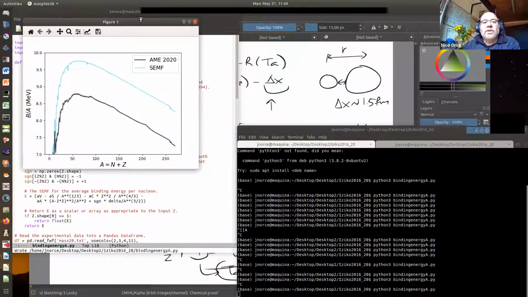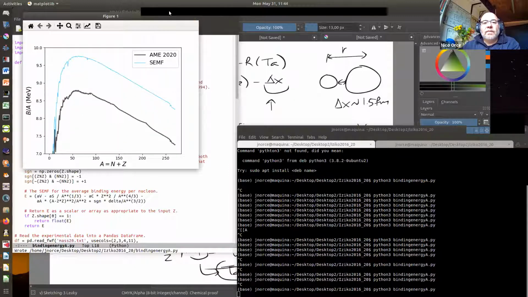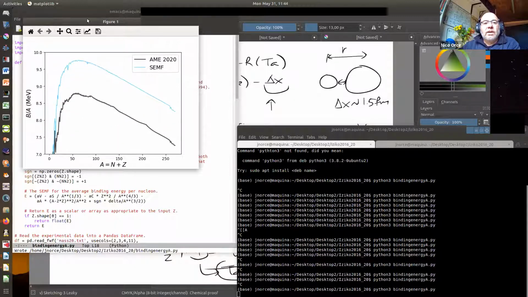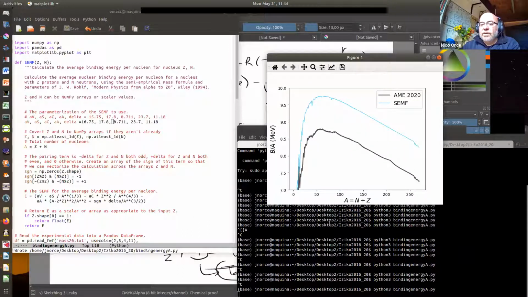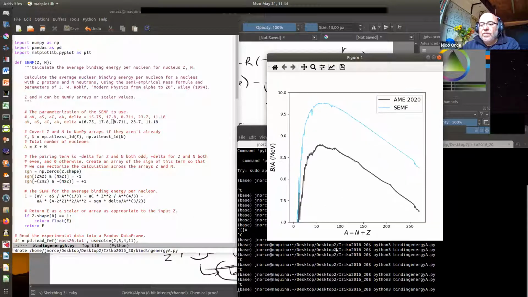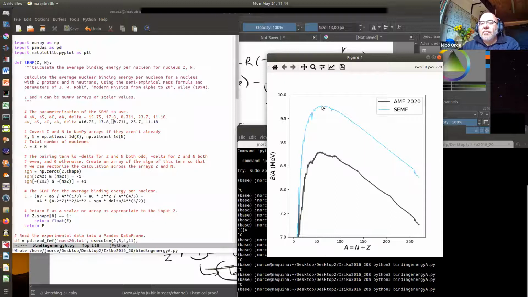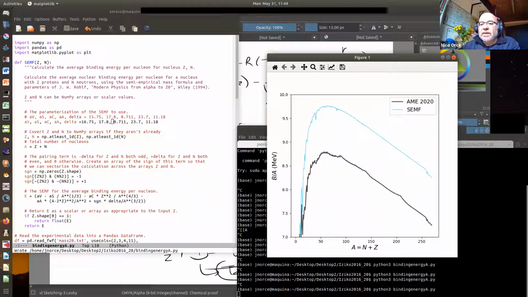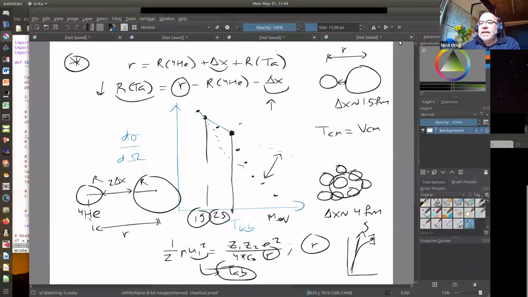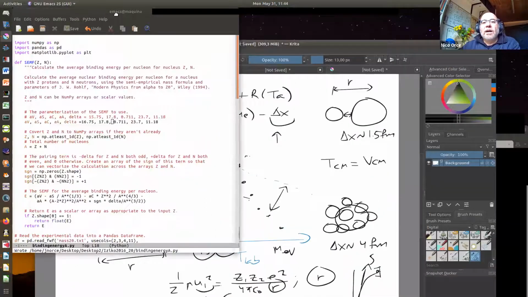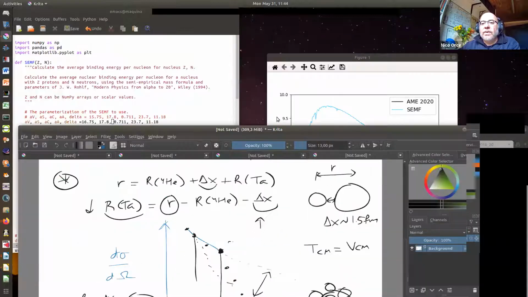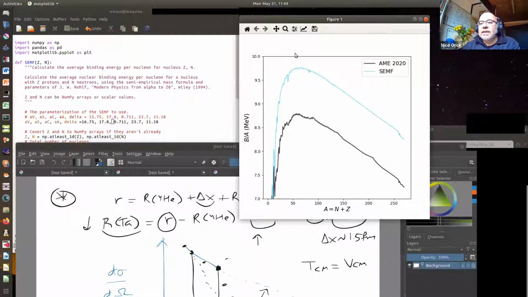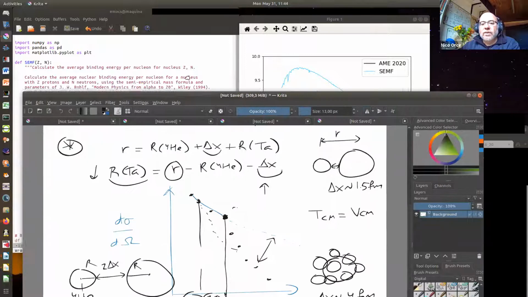So as you can see, we have double, or more than double, the binding energy per nucleon. Now it's telling us more information, because we can play with the different parameters and see in a more scientific way how things change by increasing the binding energy, by increasing the range of the nuclear force.